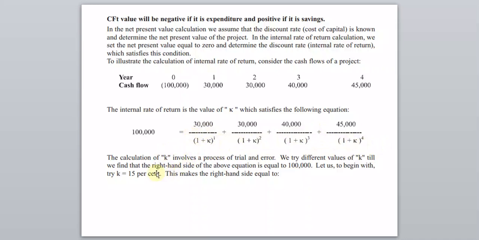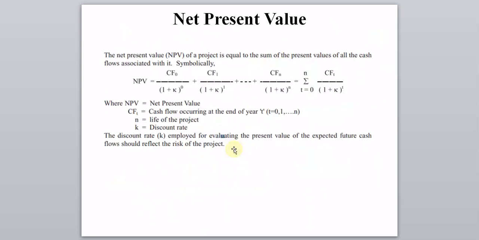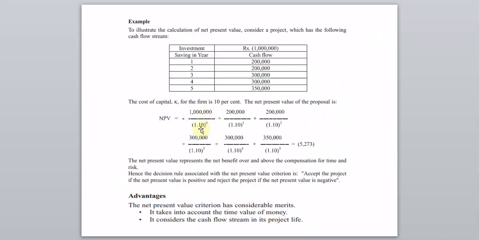Now in this case we are going to keep K, the discount rate, at 15%. So just put K equals 0.15, because in the earlier net present value we took 10%, putting 0.10 as 10%, equivalent to 100%.